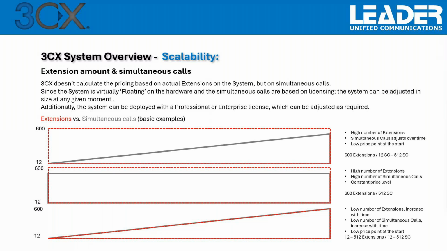The only limitation that we have there, we will look at that a little bit afterwards as well, is the hardware where the system is floating on or sitting on. So it's the hardware requirements that give us in a way a limitation.